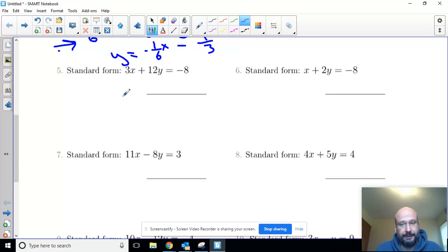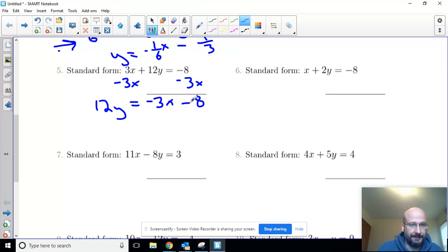I'm going to do a couple more, because these are the same as this. I'm going to move the 3x over, by subtracting. I have 12y equals negative 3x, because this I'm subtracting, so that means it's negative. This is minus 8, so that means that's negative.